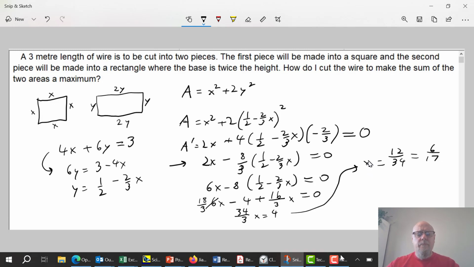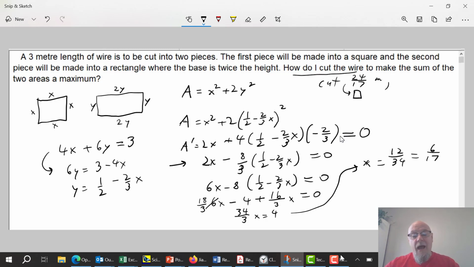Okay. I can't just stop and say x is equal to something; I need to answer the question. The question specifically is, how do I cut the wire? So I need one square piece, which is 4 x's. So cut the wire into a 24 over 17 meter piece, and that's for the square.